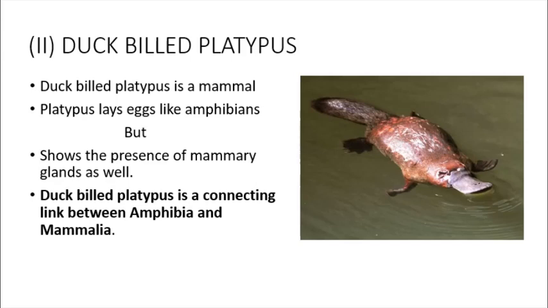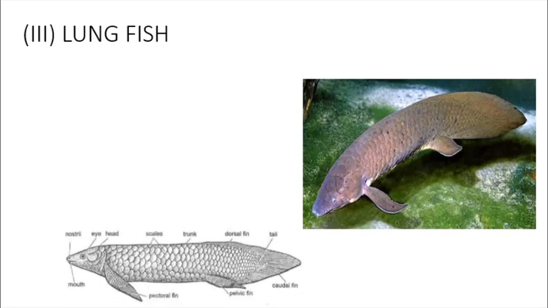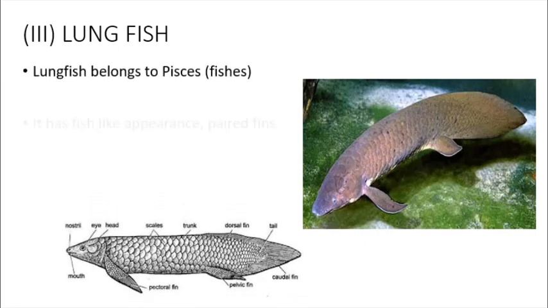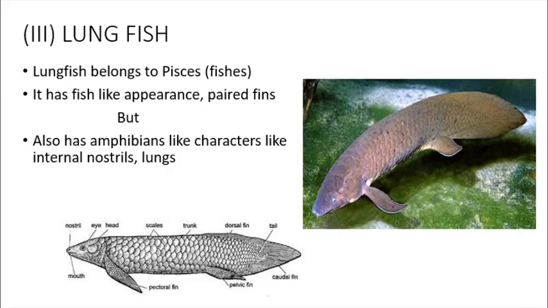The next example of a connecting link is the lungfish. Now, fishes are included in the group Pisces, and all fish are included in it. It has paired fins, and that is the reason it is included in the group Pisces. But children, it also has lungs and internal nostrils, which can't be present in all fishes.